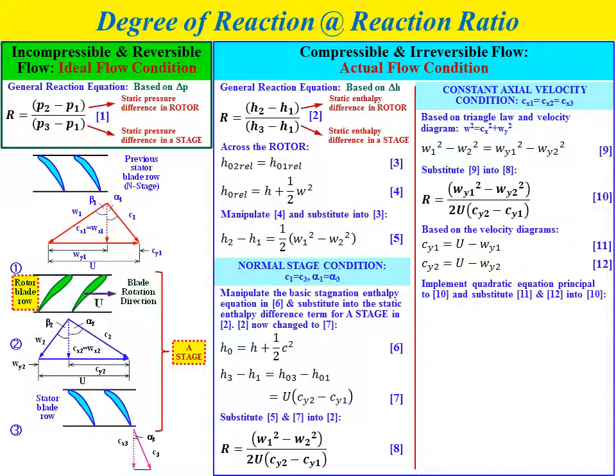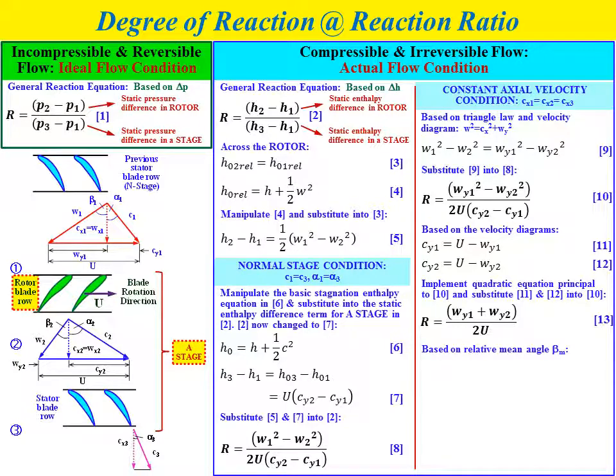So implement the quadratic equation principle to equation number 10 and substitute equations 11 and 12 into equation number 10. We get a more simplified degree of reaction equation where R equals Wy1 plus Wy2 divided by 2U, represented by equation 13.